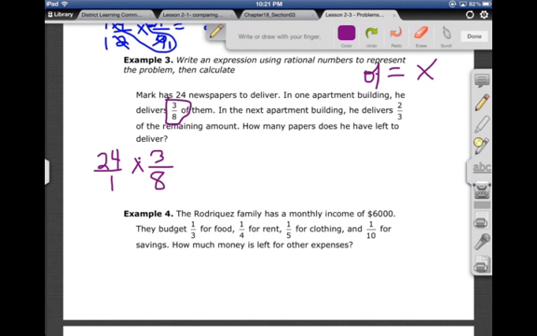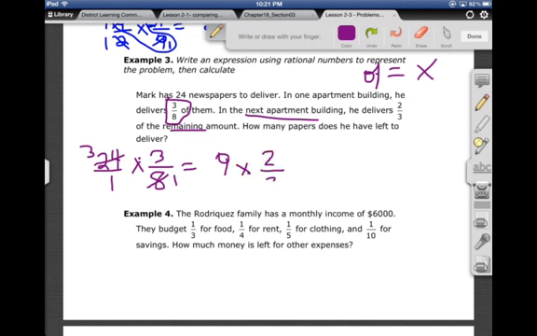24 and 8 are multiples of 3. I can divide out an 8 from each one. Well, that's neat, because now I know he's got 9 papers. He goes to the next building and he delivers 2/3 of the remaining amount.